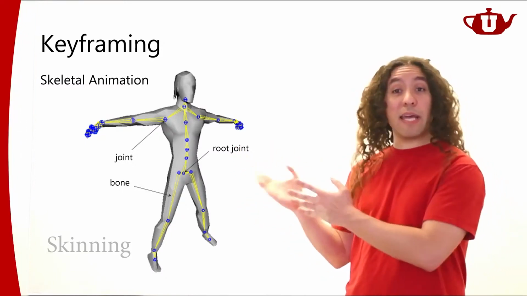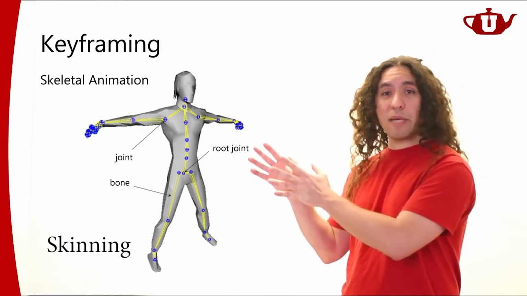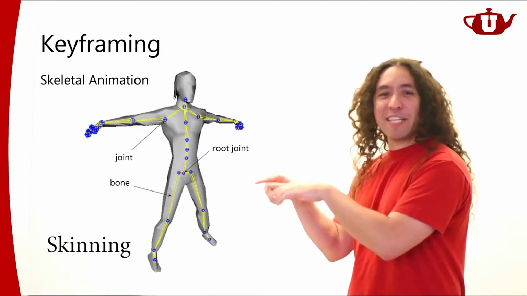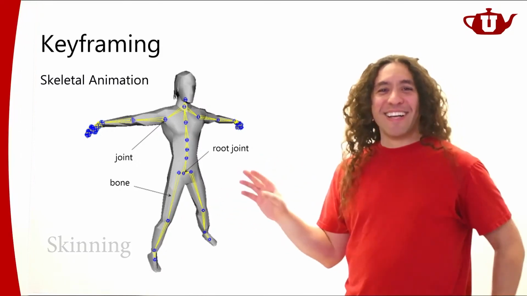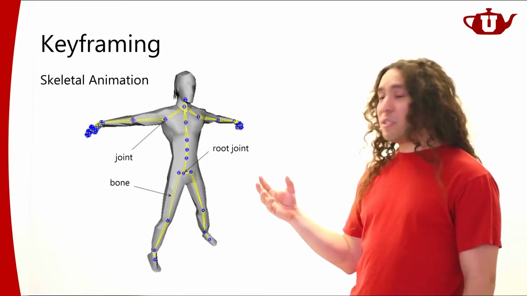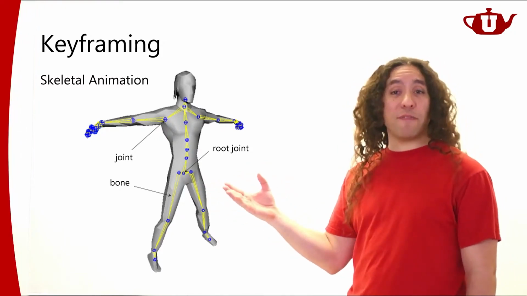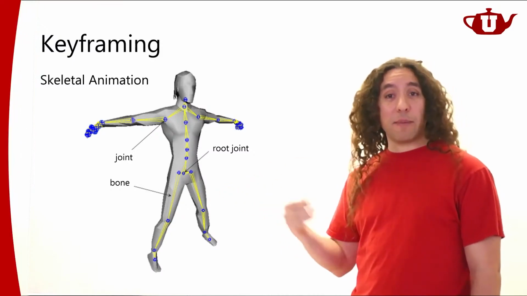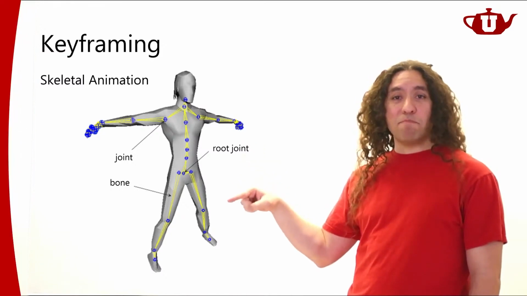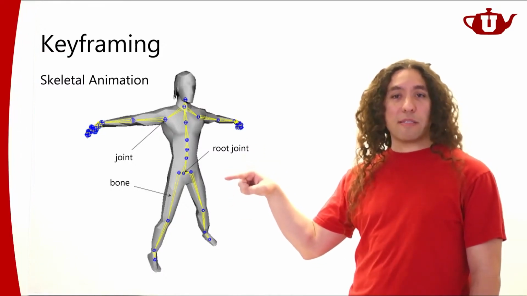This is called skinning sometimes, like attaching a skin to a skeleton. I'm just attaching a surface to a skeleton, right? And all I've got to do at this point is to define how my surface is going to deform as I'm deforming my skeleton.